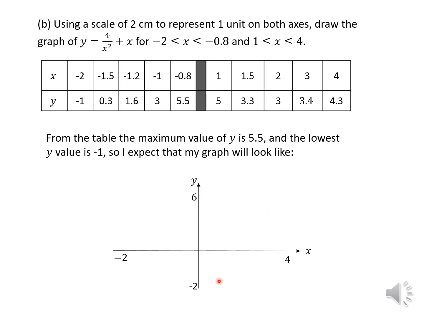You should have an expectation before you take your graph paper and start with your axes, because otherwise you will not know how high or how low you should go. Obviously, the x values are given to you. Now, I expect something like this. I also know that this graph, if I draw it, is not going to intersect with the y-axis, because of that fraction there.